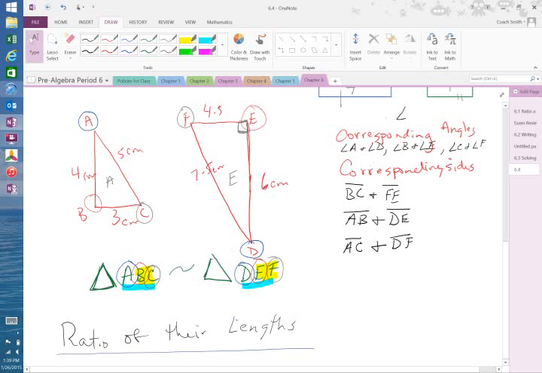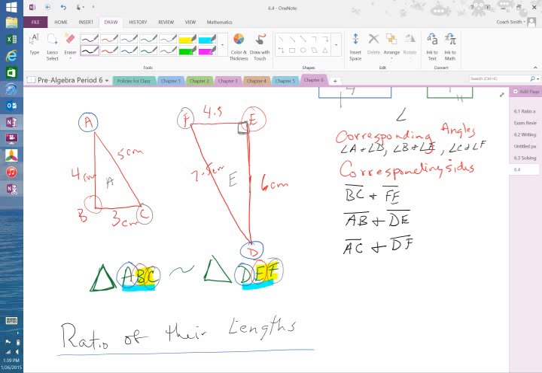You're going to look at the corresponding sides. For example, if we look at line segment BC and line segment FE, I'm going to take BC over EF. Another reason why you need to put those lines in there now, because you got a bunch of them. Now, what is the measurement of BC? 3 centimeters. So I have 3 on top, and what is EF? EF is 4.5.